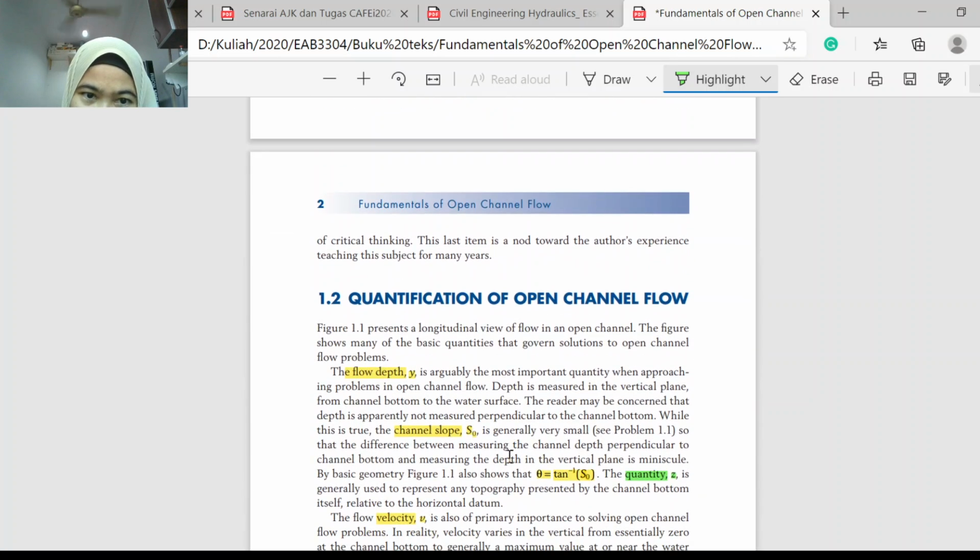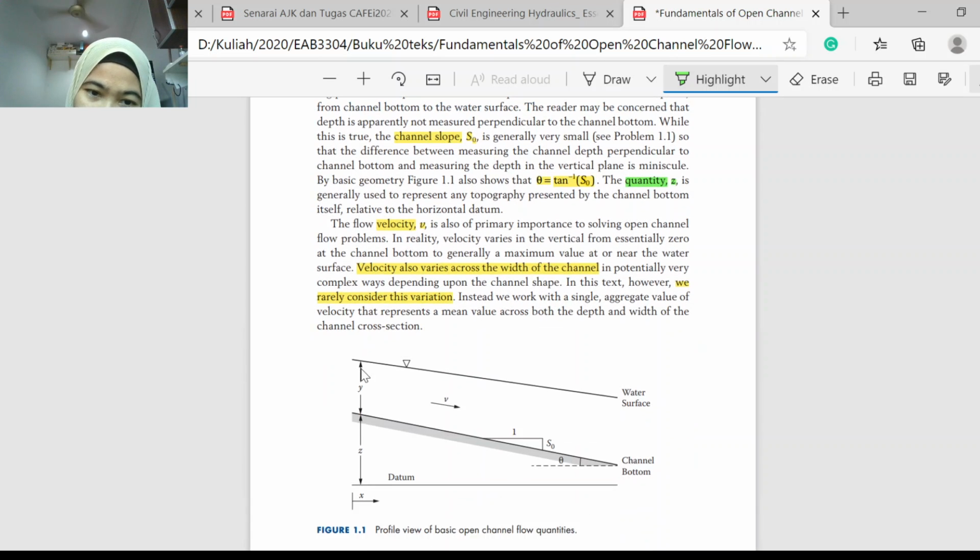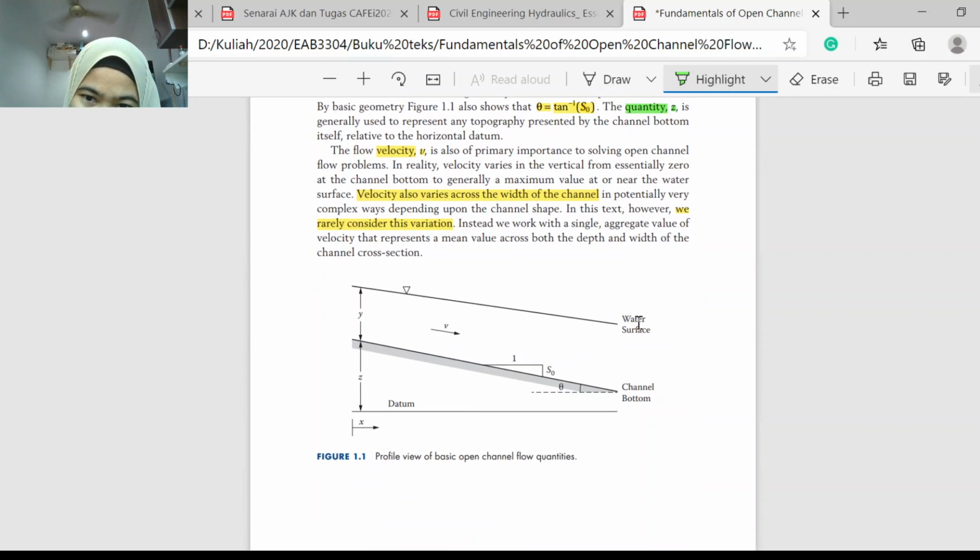Okay, let's see. First, the quantification of open channel flow. Let's see figure 1. So this is open channel flow. You can see this is the water surface with the depth of y. y is from the water surface to the bottom of the channel. And then we have z. z is from the bottom of the channel to the datum.